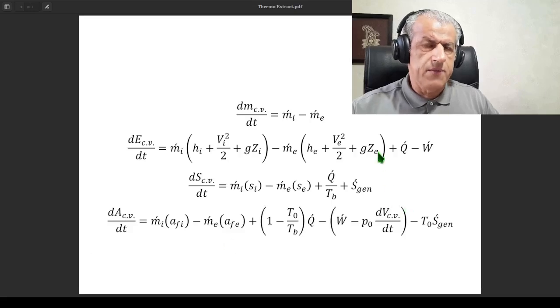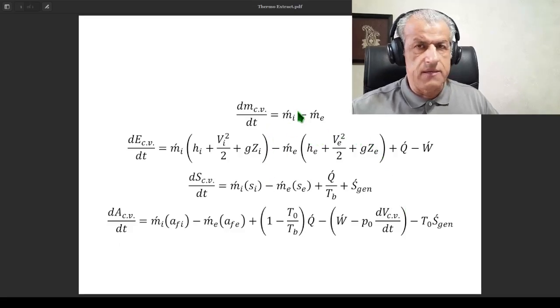Now, our next step is to simplify the governing equations. These are all the equations: the mass conservation, first law of thermodynamics, second law of thermodynamics, and the availability equations. For the present problem, since there is no mass entering or leaving our cylinder piston arrangement, our governing equations would not have these terms.